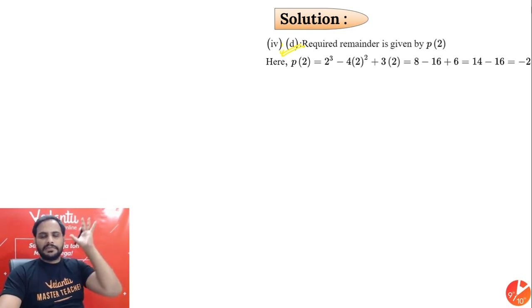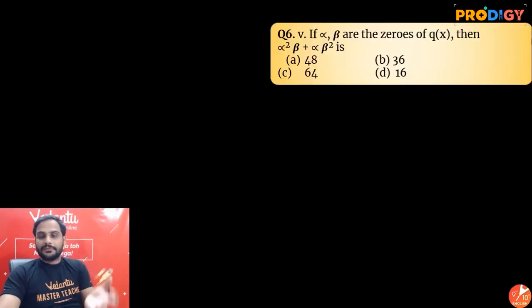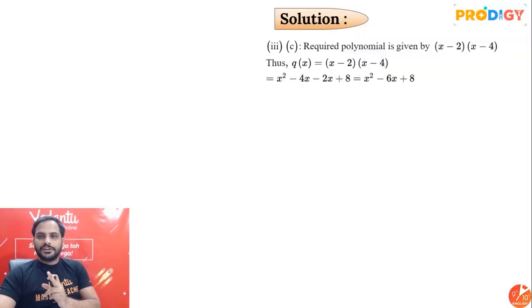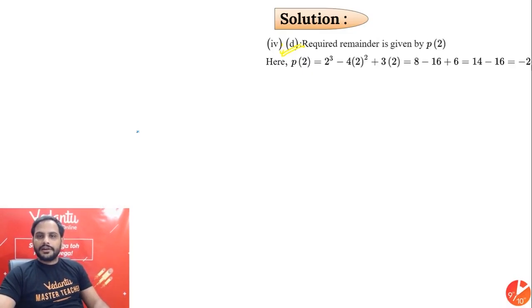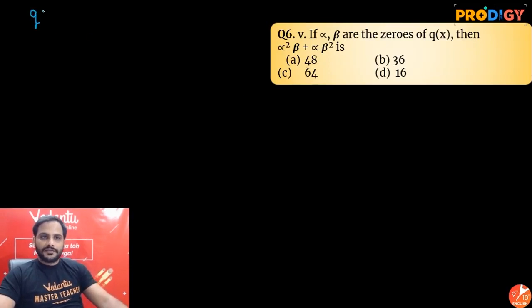Just keep the question in the mind and then keep solving it. Then alpha and beta are the zeros of q(x). What was our q(x)? What was the polynomial q(x)? q(x) was this, x square minus 6x plus 8. Yes or no? All right.